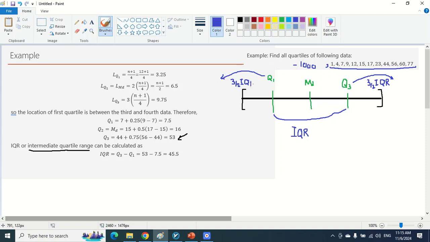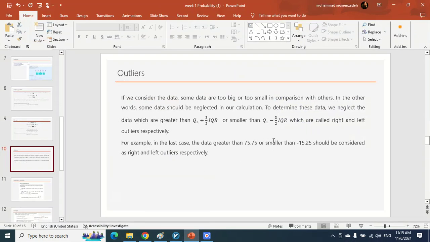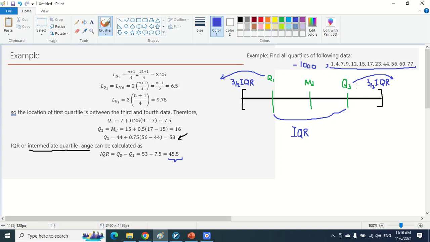For example, in this case, the IQR is calculated at 45.5. And 1.5 of 45.5, which I calculated over here, gives 75.75 or minus 15.25. If I subtract this 1.5 IQR from Q1, or add 1.5 IQR to Q3, then I will find 75.75 and minus 15.25. The value after Q3 is given by 53.